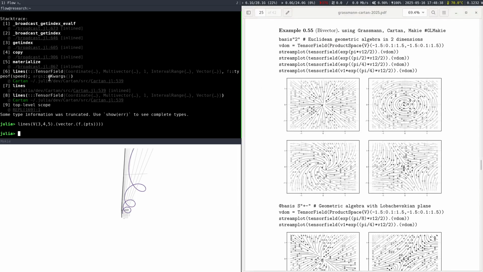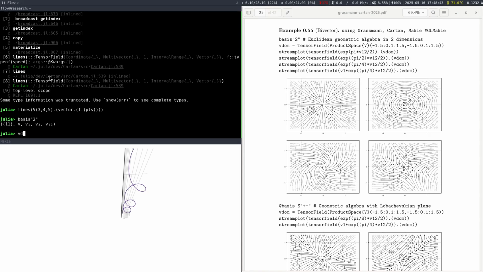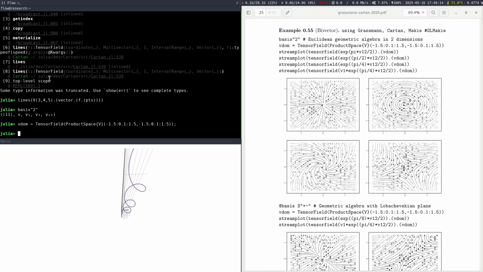So, let's make a product space over 2 dimensions. All right. So we've got a domain now.